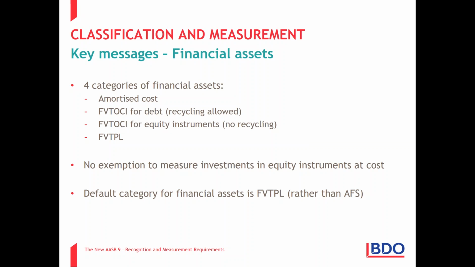Now, the International Accounting Standards Board and the Australian Accounting Standards Board all like fair value through profit and loss, and therefore it's always available. You have to jump a number of hurdles to get to amortized cost or to fair value through other comprehensive income. And there's no exemption going forward to measure investments in equity instruments at cost. Also, the default category for financial assets going forward is fair value through profit and loss, and not available for sale as we currently have.